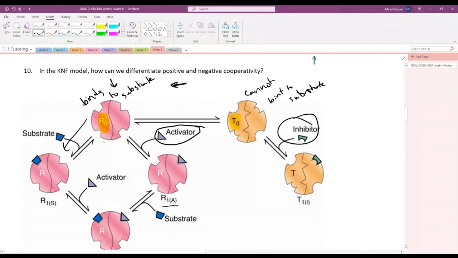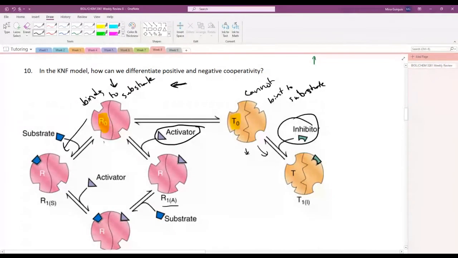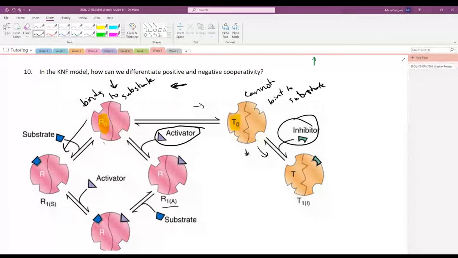When an inhibitor binds to my T0, that decreases the T0 concentration, and as a result my equilibrium shifts to the right. I get less relaxed form in order to make up and get a little bit more of my tense form. Does that make sense? Okay, awesome. So that's most of the concept of the MWC model.